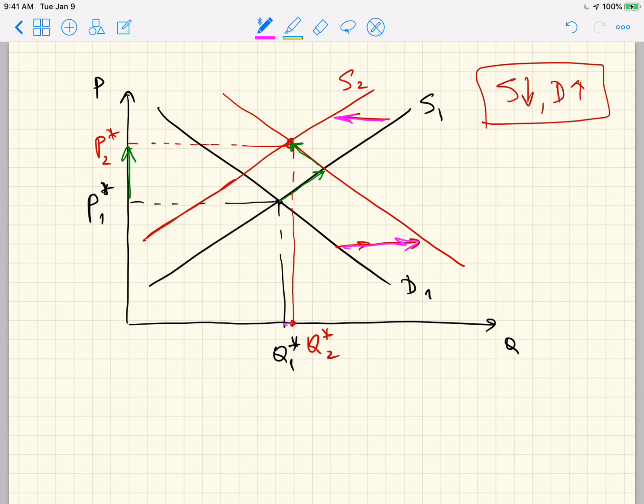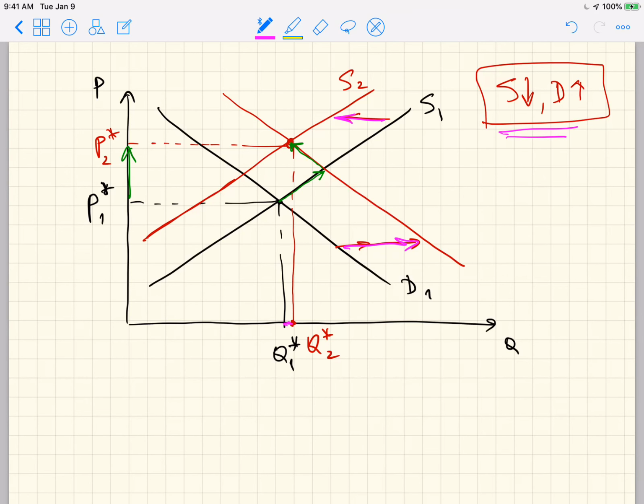So as you can see in this case, this increase in demand is a little bit stronger than the decrease in supply. So that's why we have this fairly small increase in quantity. But it could have been the other way. So the conclusion is that in this situation, we're sure that price goes up, but we are not quite sure what's going to happen to quantity.